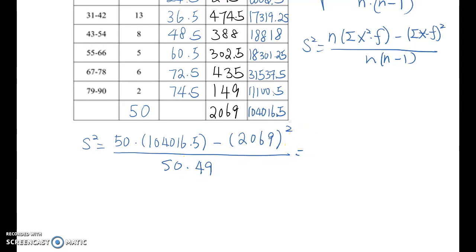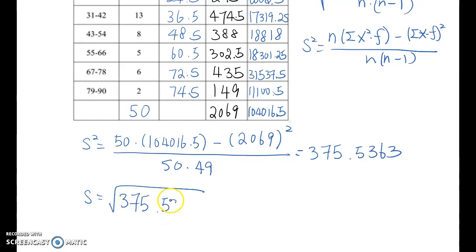If we calculate it, you will get 375.5363. Therefore, the standard deviation s equals the square root of 375.5363, which is going to be 19.3788. Okay?